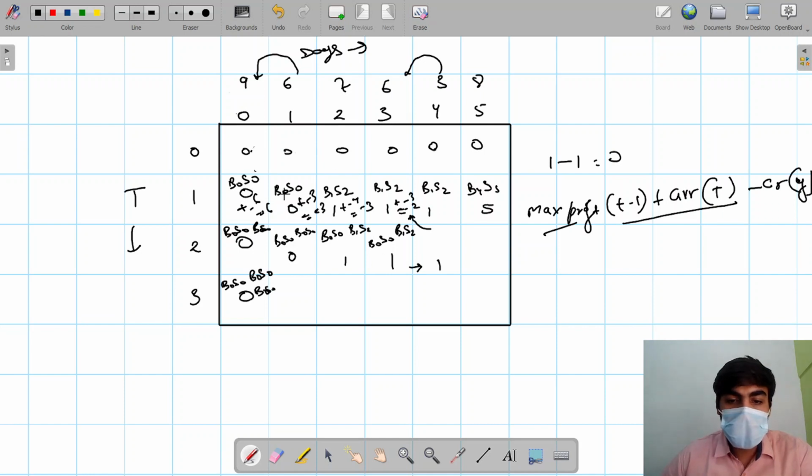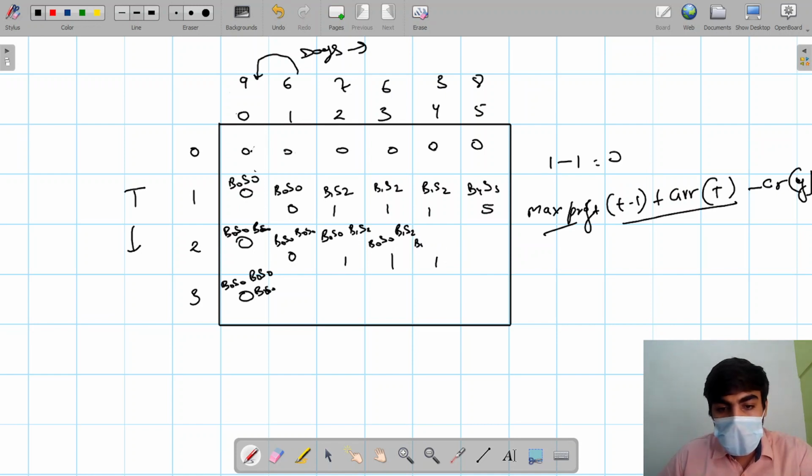So out of these, which one is greater? 1 is greater, so we are taking it as it is and neglecting all these. Like there is a fight between all of these. I am assuming these are fighters, or we can say players. Out of these players, which one is stronger or which one is the good player? We are taking that one here, and stronger means the one with maximum value, maximum power. So we are taking it here and neglecting all the others. So that's the point. 1 is here, buy at 0, sell at 0, buy at 1, sell at 2.